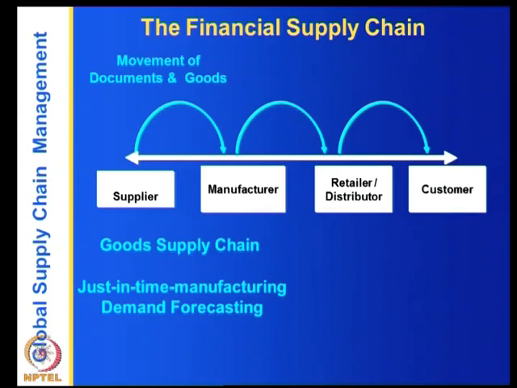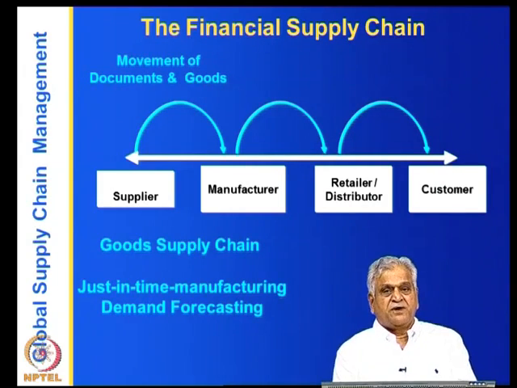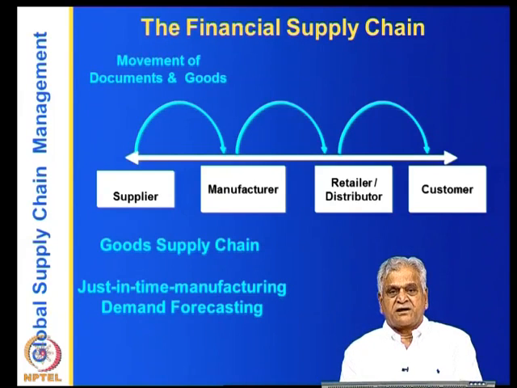And also there is what is called just-in-time manufacturing, where you don't want to keep any inventory. If you keep inventory, it costs money. So if you want to reduce your cost, then it is necessary that you keep as little inventory as possible. But if you don't keep inventory, then your production or your supply chain can be disrupted if there is any problem.